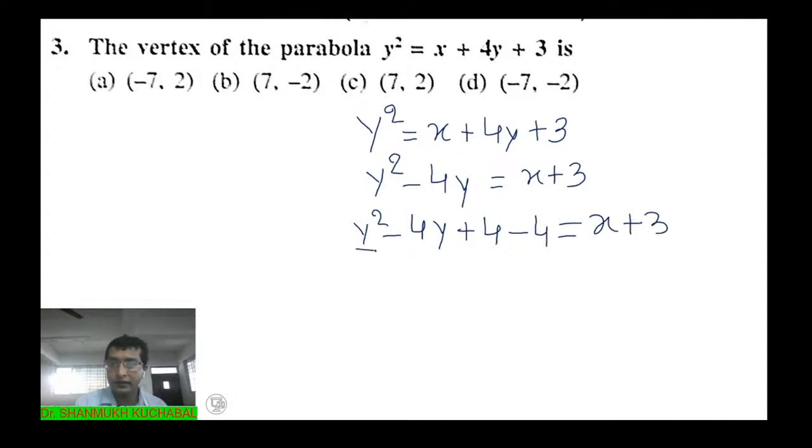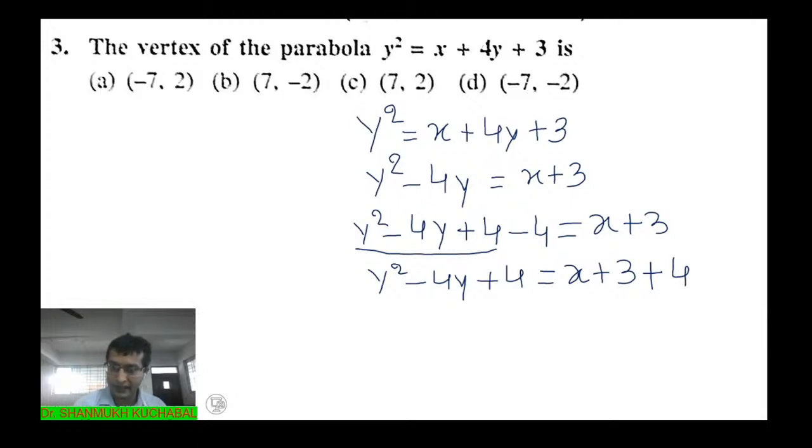Further, we transpose minus 4 to the RHS, so y square minus 4y plus 4 is equal to x plus 3 plus 4. Using completing the square, it is of the form a square minus 2ab plus b square. We can write this as y minus 2 whole square equal to x plus 7.